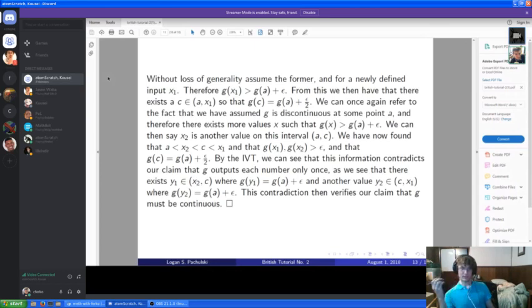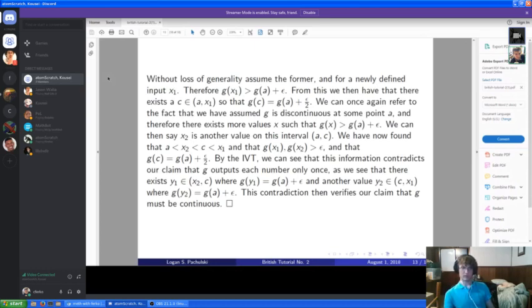So fifth line from the bottom. The sentence that says "by the intermediate value theorem." You start by saying by the intermediate value theorem, but then you say that this contradicts our claim that G outputs each number only once.